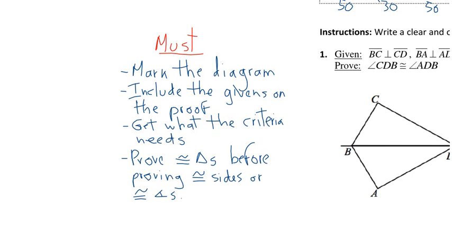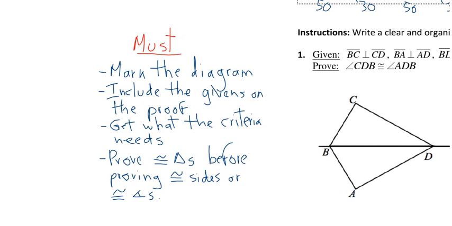The only thing that should not be marked is, for example, in number 1, the two angles we have to prove are congruent. That's the only thing that should not be marked because we do not know that they are congruent. We're trying to prove that they are congruent. Whereas whatever is given, we know that that is true because that's given to us, and therefore we mark it.